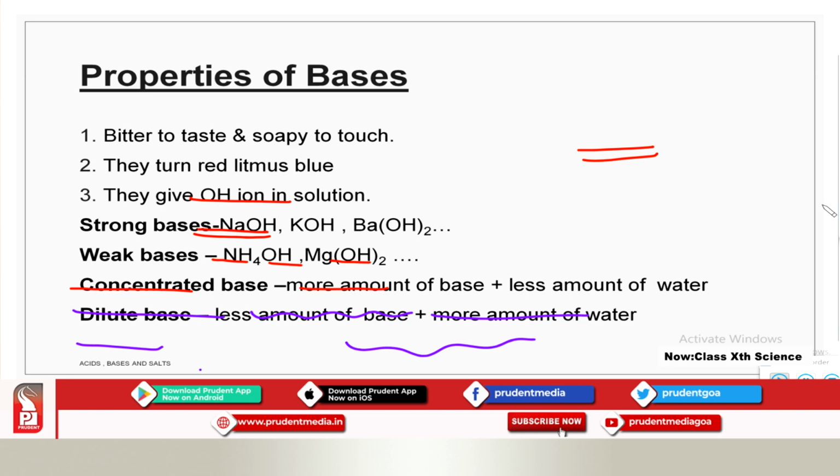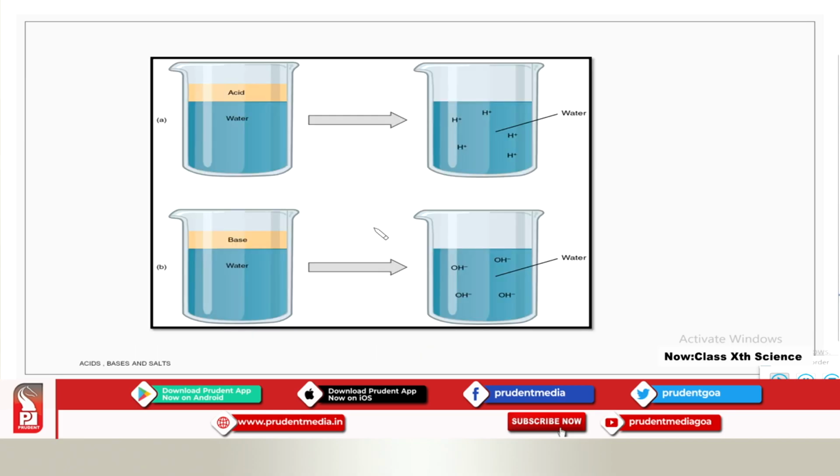Again, concentrated base and dilute base. Concentrated base consists of more base and less water, whereas dilute base has less base and more water. These are some of the properties of bases. In the picture you can see very clearly what is common in acids and bases.